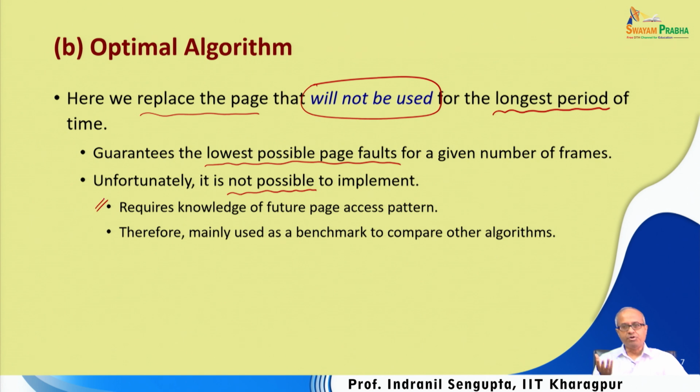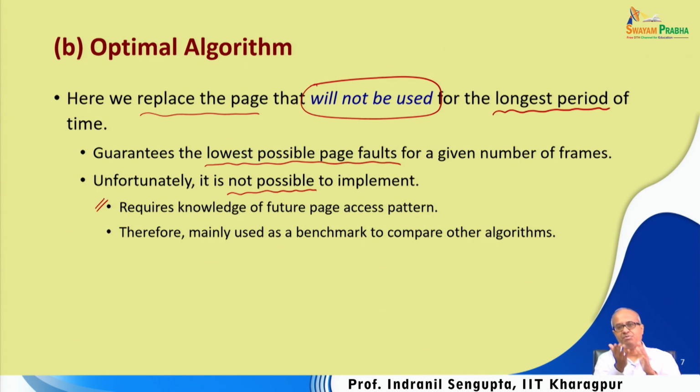So, the question is, why do we need this algorithm then? See, this is an algorithm which has been proved to provide the lowest possible page faults for a certain number of frames. Now, suppose you come up with a new algorithm, you see how many page faults are happening, you compare that number with the optimal algorithm and you can tell that, well, my numbers are within 10% of the best.